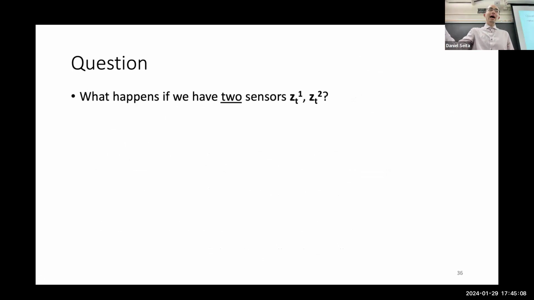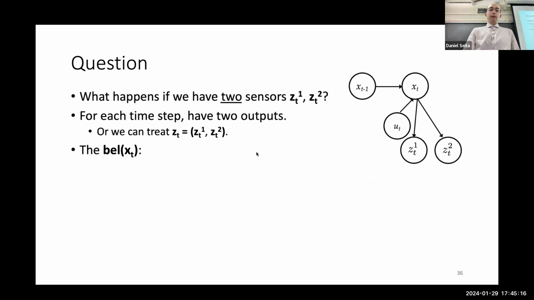All right. So what happens if you have two sensors, VT1 and VT2? Then for a given time step, you might have a Bayes net that looks like this. Xt minus 1 leads to xt as well as ut, which is an action that leads from xt minus 1 to xt.